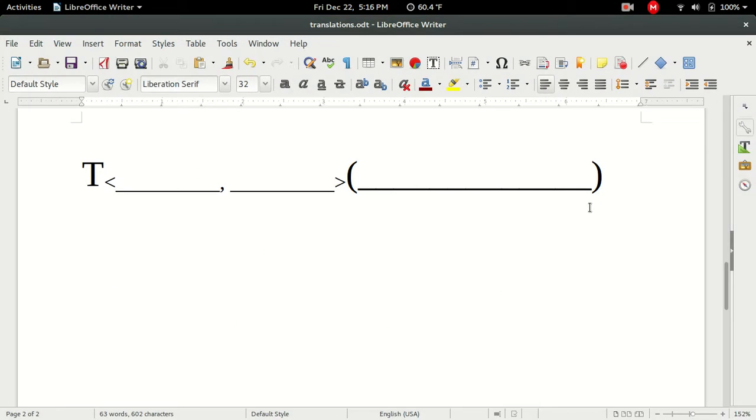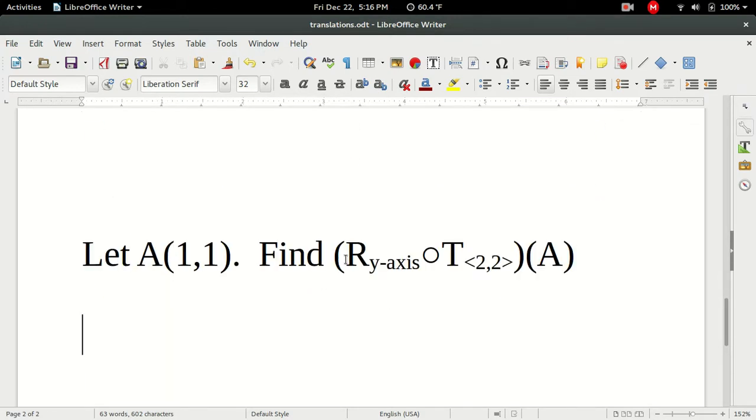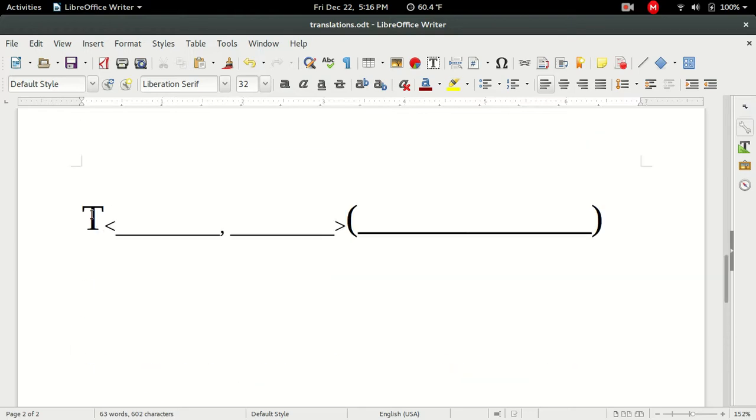Our rule for translations, you guys are going to see notation written like this. It'll be a capital T, and then, kind of like the reflections, where our line of reflection was written in subscript, similarly with the translation, you're going to have these arrow brackets, and what you will have here is the change in X for your first number, and then the change in Y for the second number.